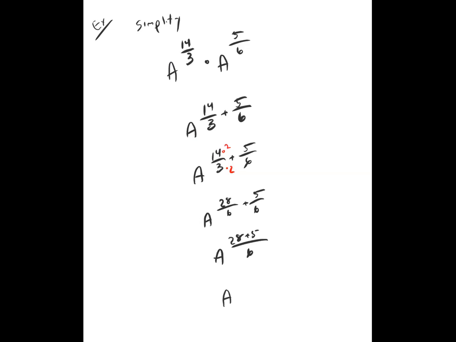So we get a to the power of 33 over 6, which reduces to a to the power of what? 11 over 2. Any questions?